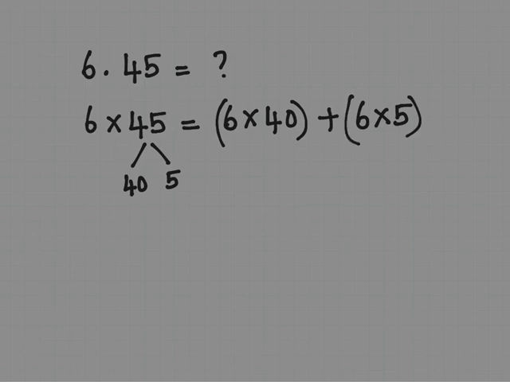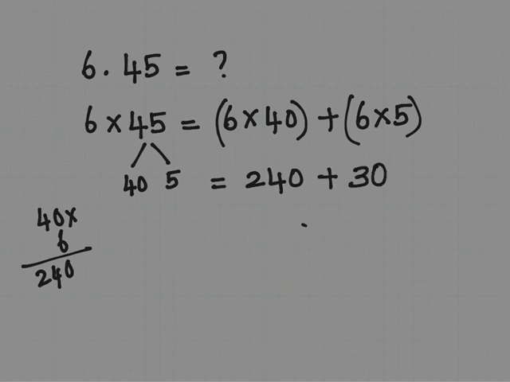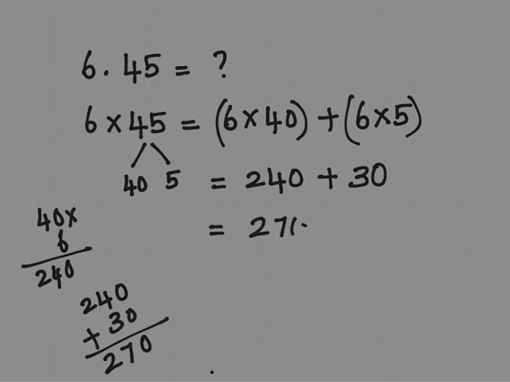So let us multiply 40 times 6. 0 times 6 is 0, 6 times 4 is 24. So 6 times 40 is 240 plus 6 times 5 is 30. Now let us add 240 plus 30. 0 plus 0 is 0, 4 plus 3 is 7, and the 2 comes down, so 270.